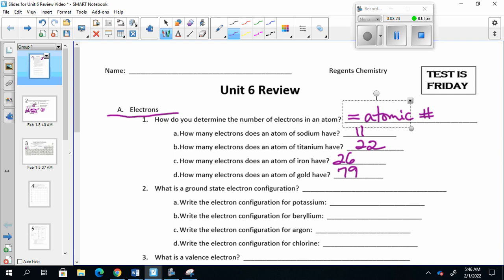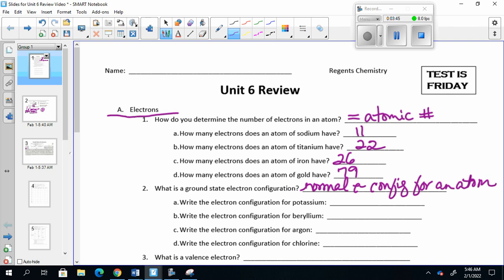So we're going to look up the normal electron configuration for an atom. It's the arrangement of the electrons from the center of the atom out.